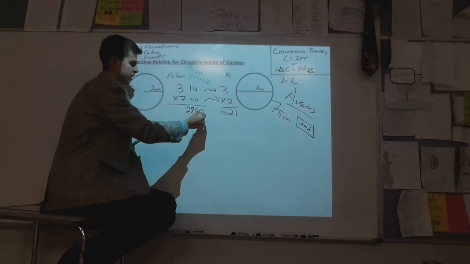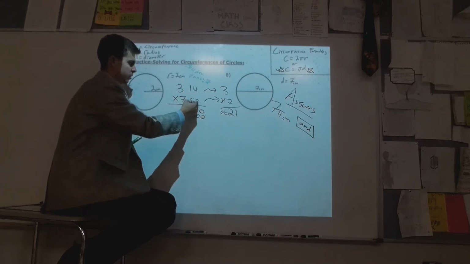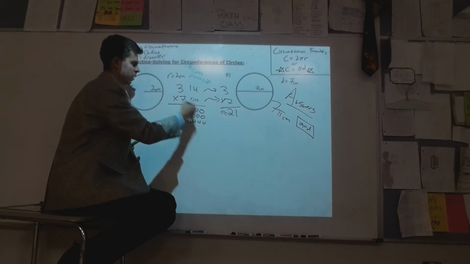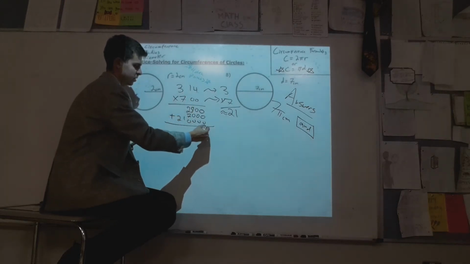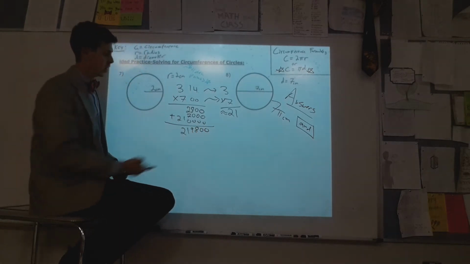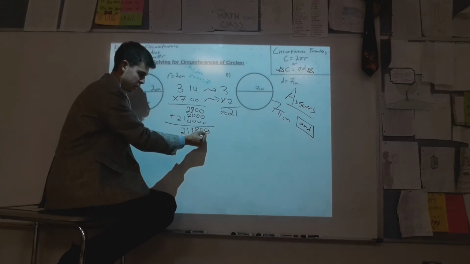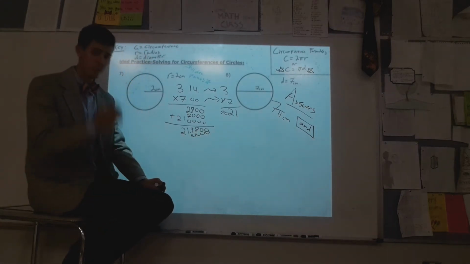There's 1, 2, 3 now. 7 times 1 is 7. 1, 2, 3, 4. 7 times 3 is 21. Add them up together. 0, 0, 8, 9, 1, and 2. Okay, so there's 4 decimal places. 1, 2, 3, and 4. 21.98.